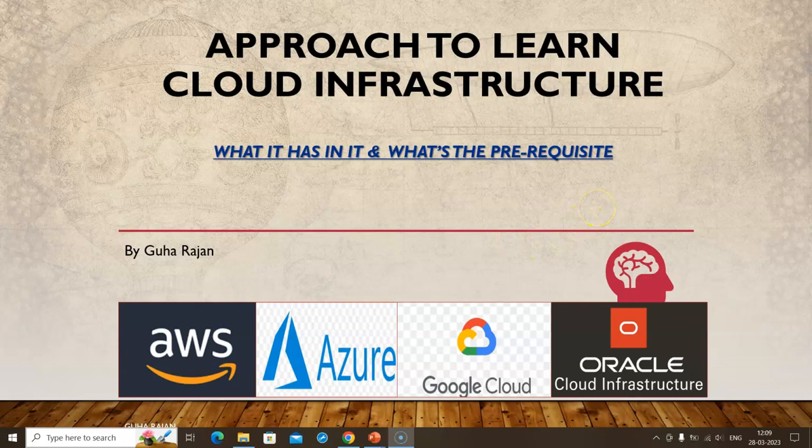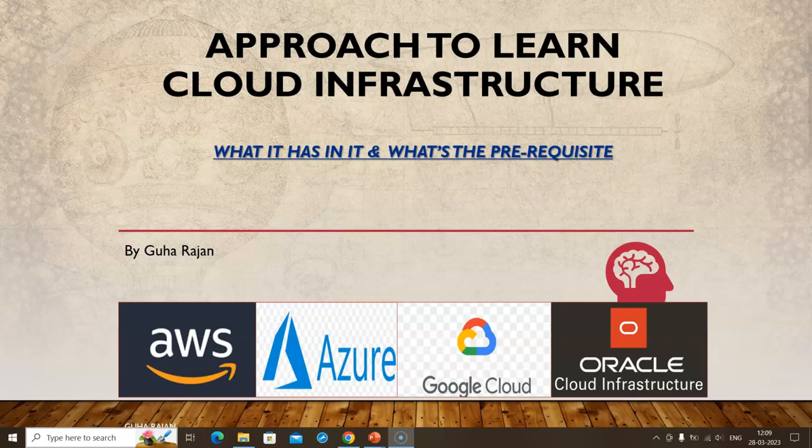So the first one is, what is this cloud infrastructure? Amazon provides that, Azure provides that, Google provides that, and Oracle also provides that, called Oracle Cloud Infrastructure. These are the big four, and apart from that, there are many others who provide cloud infrastructure, but the focus is on these four because AWS is a pioneer.